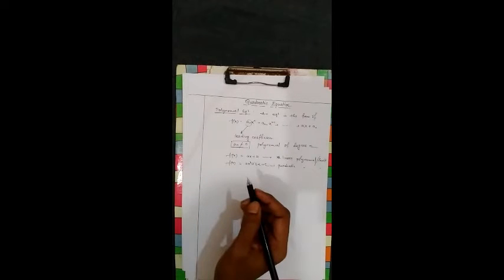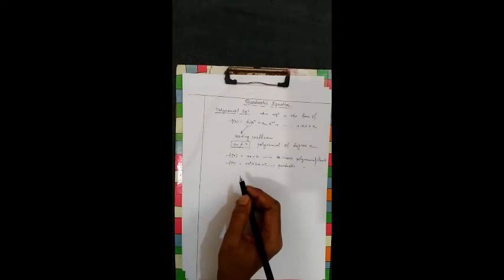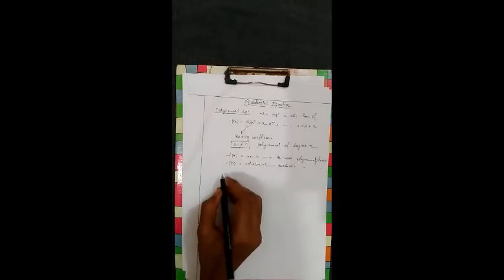Similarly, a polynomial of degree 3 is called cubic. You can say f(x) equal to ax cube plus bx square plus cx plus d.